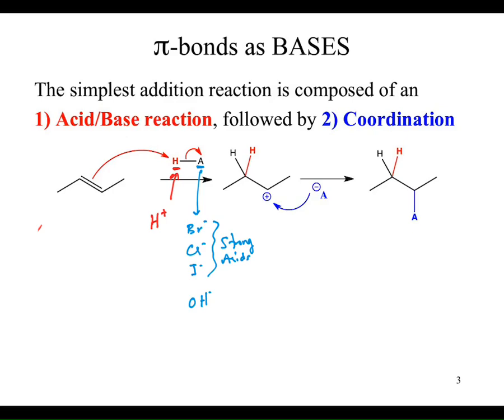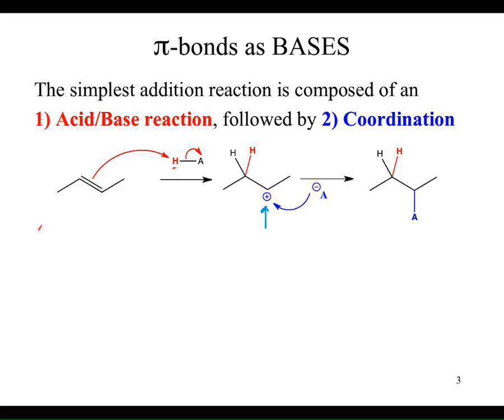Once we've neutralized that acid, we can then look at our intermediate. Notice that in our intermediate state, we have a carbocation. The location of that carbocation is dictated largely by the regiochemistry, looking at our resonance structures. We want that most stable carbocation.